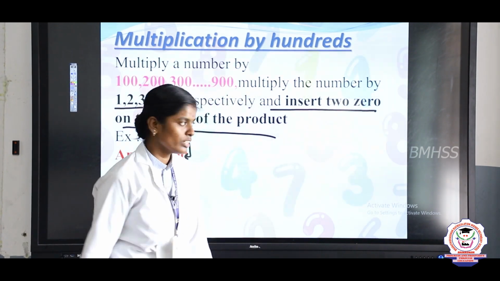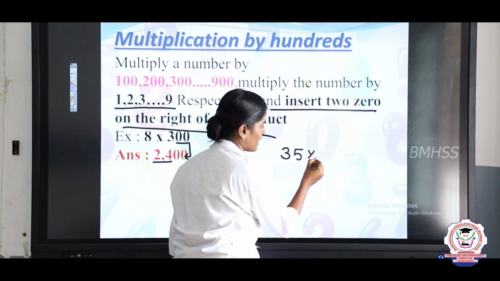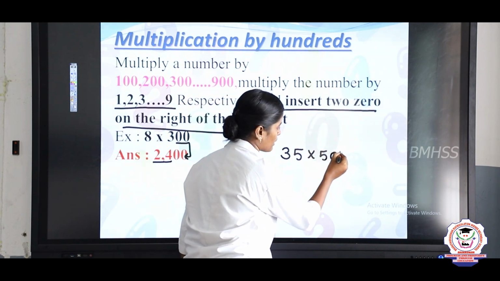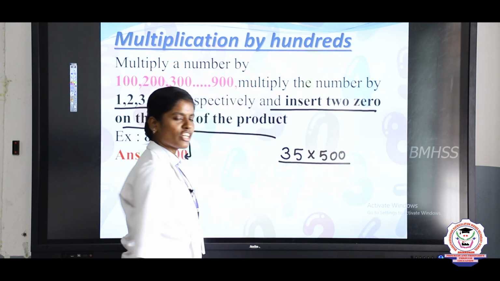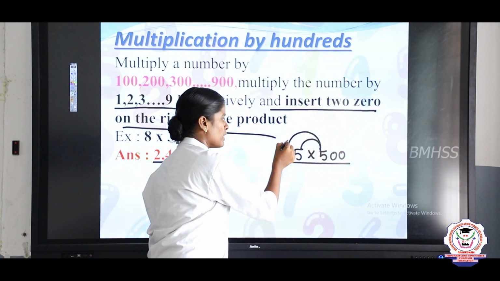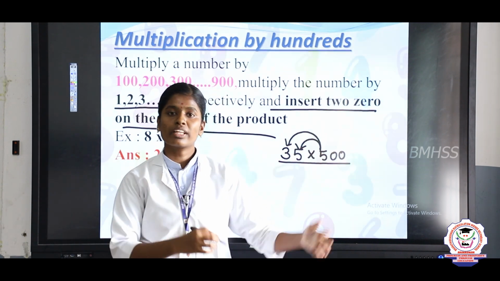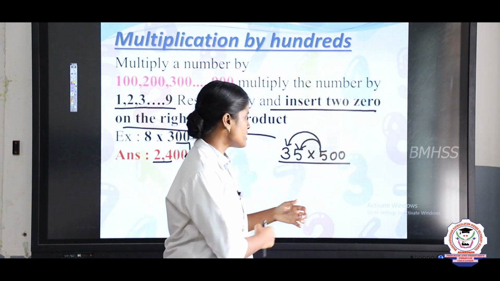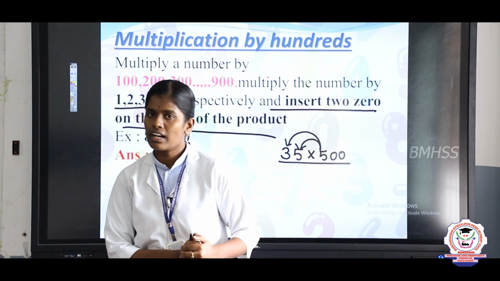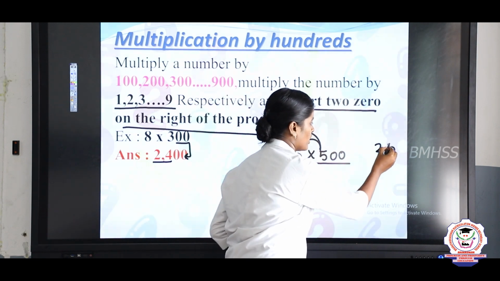I will take the question 35 multiplied by 500. First, you take 5 and multiply by 5 and then by 3. Then finally, you should insert 2 zeros to the right side of the product. 5 5s are 25.